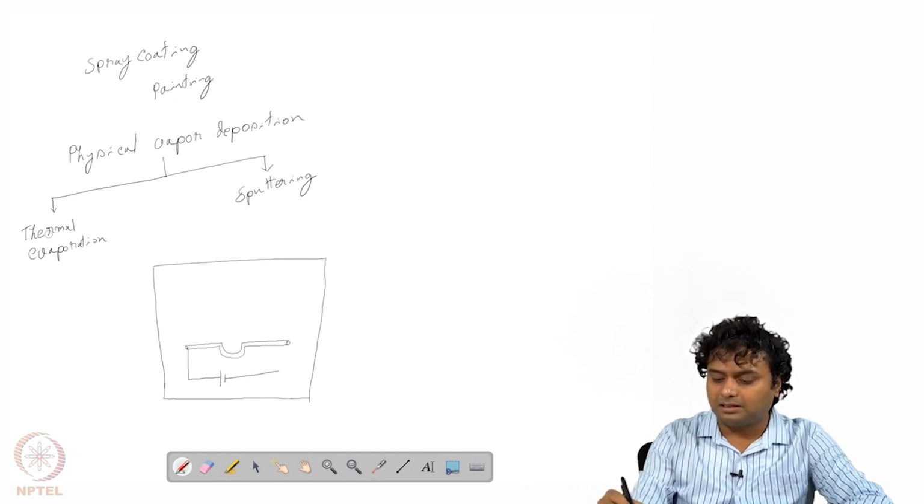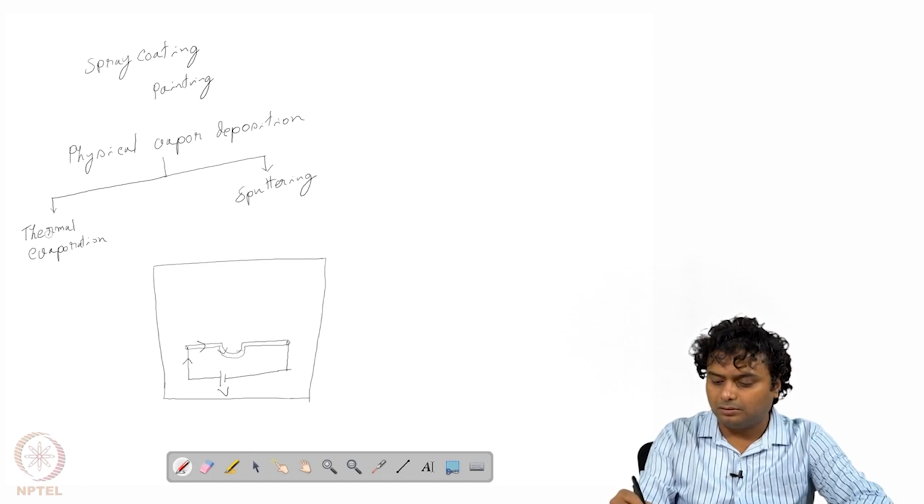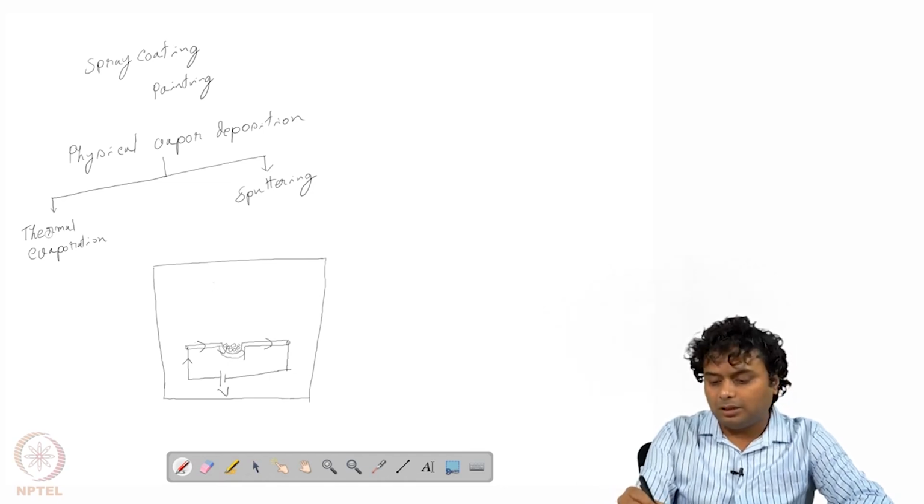Then we apply, let us say, some high voltage to that, okay, and then the current flows in this path. Because of that this gets heated up. Now we put our material like beads inside the boat and we keep our sample, let us say, at the top.